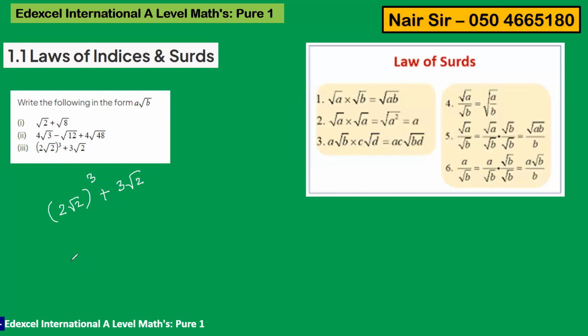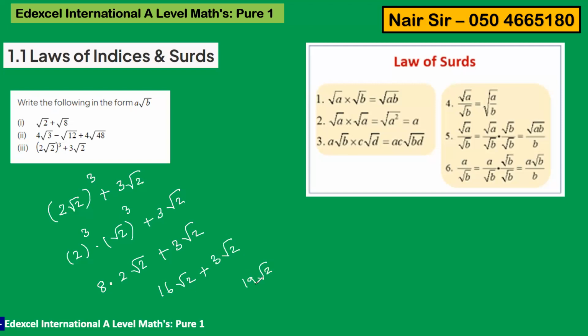Can I do this as 2 the cube into root 2 the cube plus 3 root 2? 2 to the 4, 4 to the 8, into root 2 the cube will become what? 8 to the 16 root 2 plus 3 root 2. What do I get? 19 root 2.